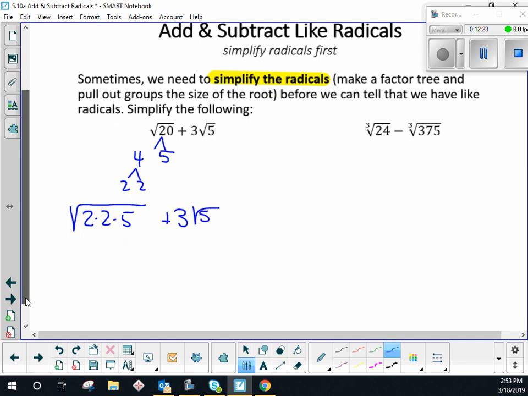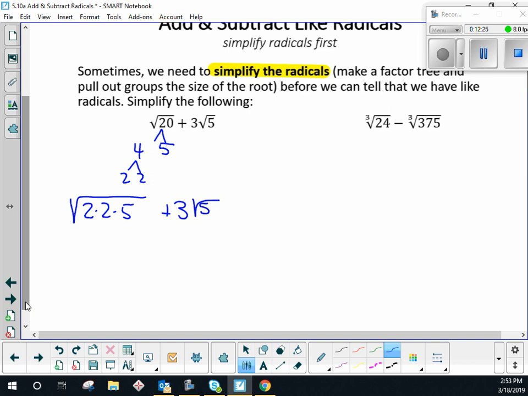I'm looking for groups of what size to simplify out? 2. How'd you know that? I don't see a root. It's just a normal square root, right? If you don't see the root, you know it's a root 2, if there's nothing written there. So you're looking for groups of 2. So here's a pair.